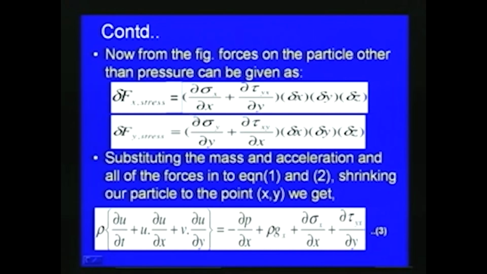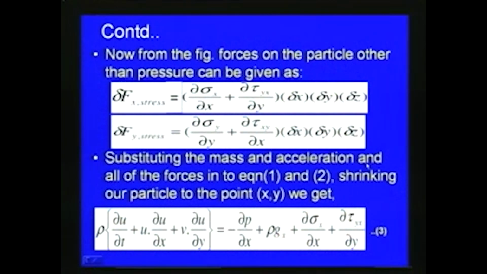Now all the force components, the stress forces including the normal stresses and shear stresses, the pressure forces and the gravity forces are known, and we have already seen the mass of the fluid element and the acceleration. So now we can use Newton's second law to substitute all these components to get the final form of the equation.